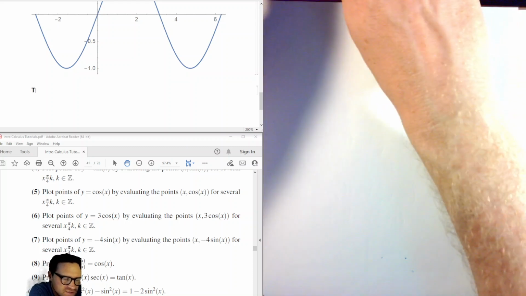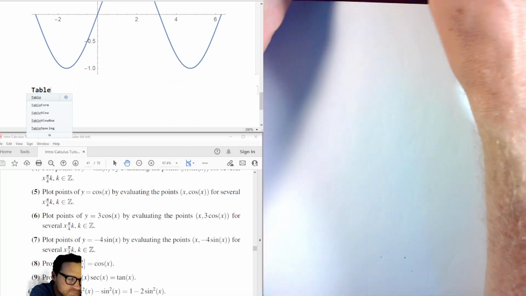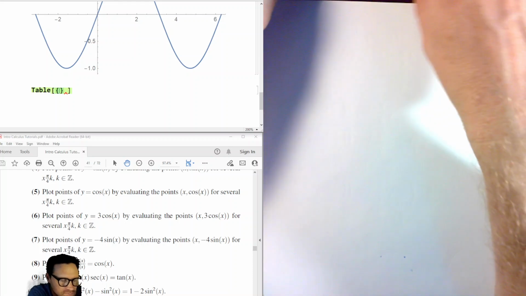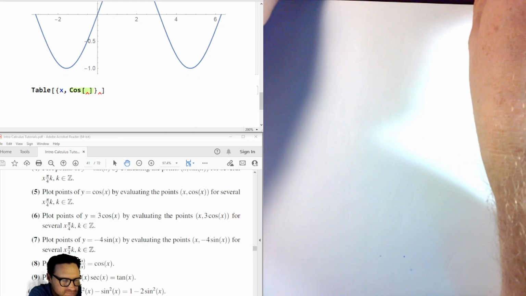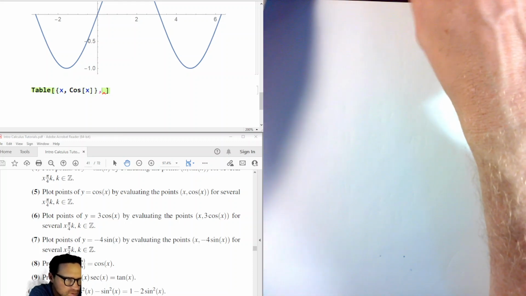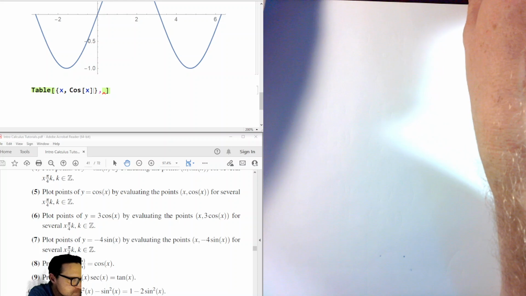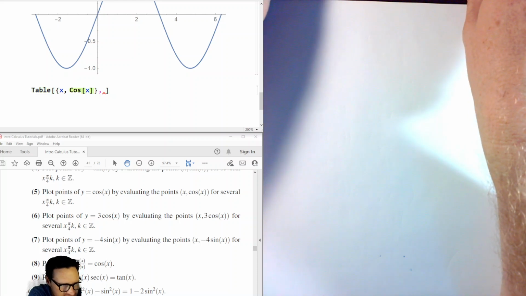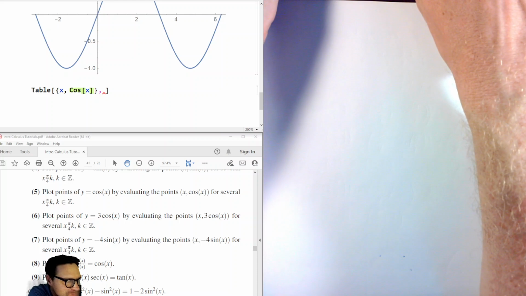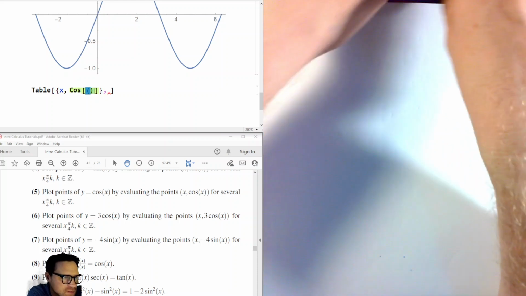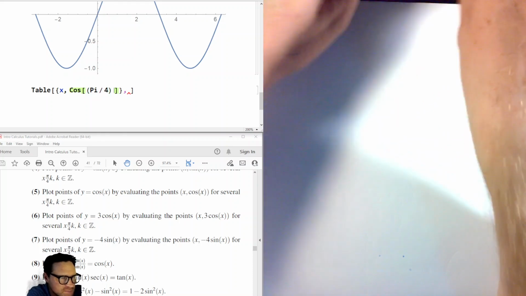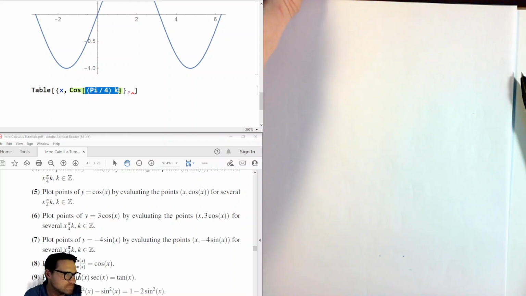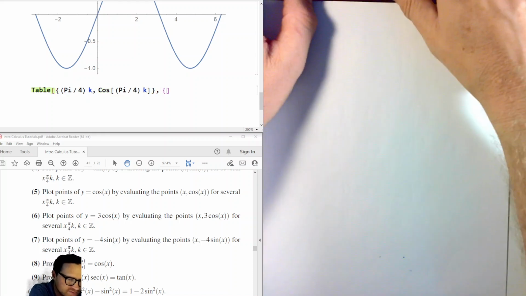So what I'll use is Table x comma cos of x, and here I'll replace the x with pi on 4 times k, and then I'll just tabulate this over k.